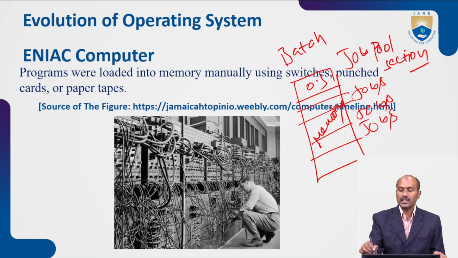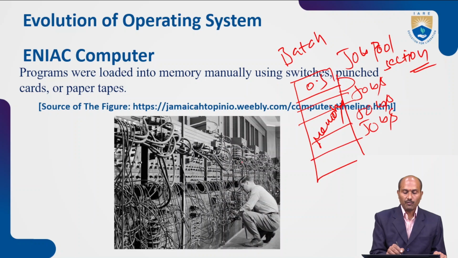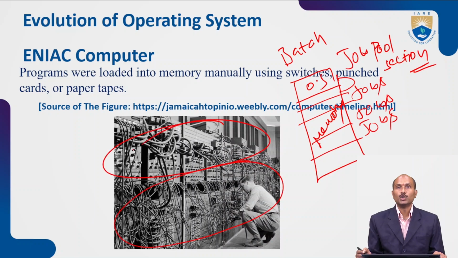Each job is submitted to the operating system one by one. It takes hours and days to complete one job. One job is given to the next job, and then to the next, so it takes a long time to complete the jobs.